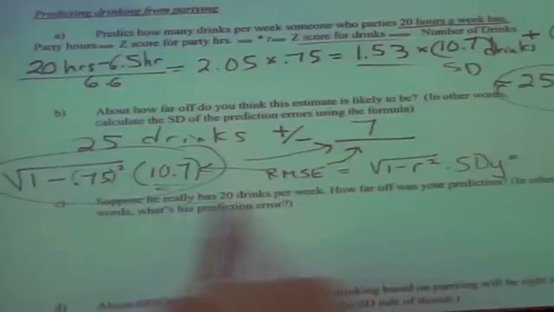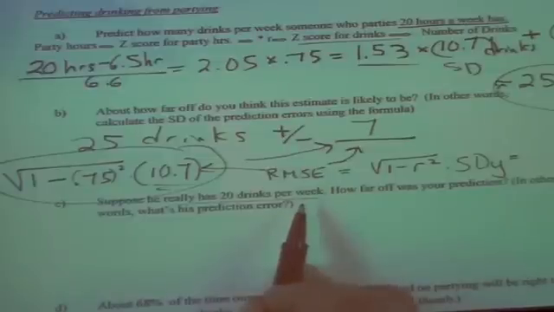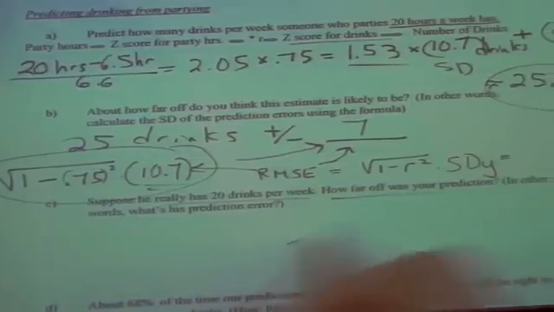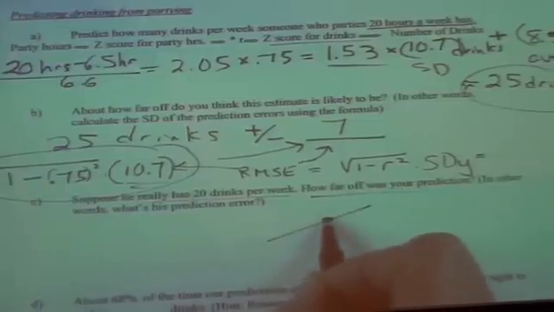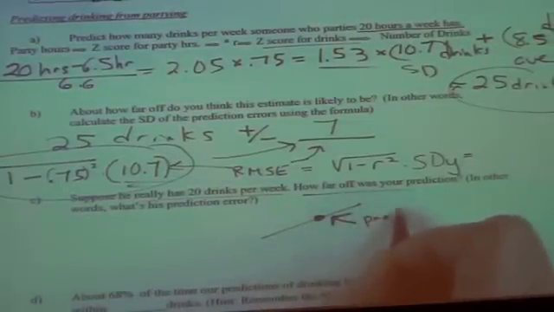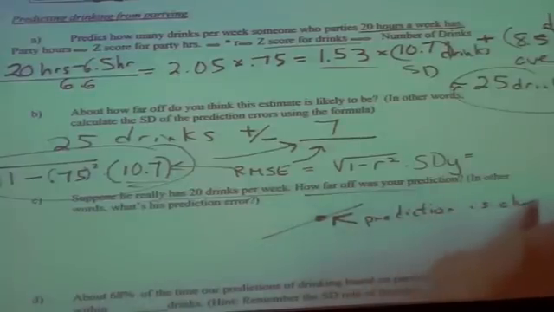Now, suppose he really only has 20 drinks per week. Suppose he only has 20. Now what? Well, let's think about it. How far off was your prediction? The best way to think about this is, okay, we predicted, just draw it. Your prediction is right on the line. Your prediction is always on the regression line.